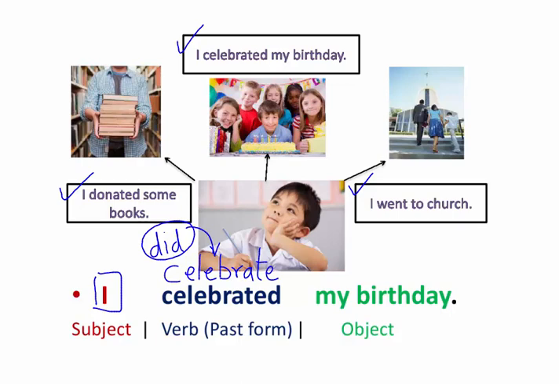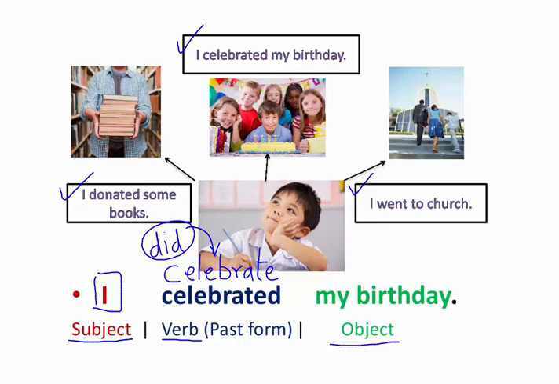So, I celebrated. Then my birthday is the object. I is the subject, celebrated is the verb, and my birthday is the object, right? So, I celebrated my birthday.